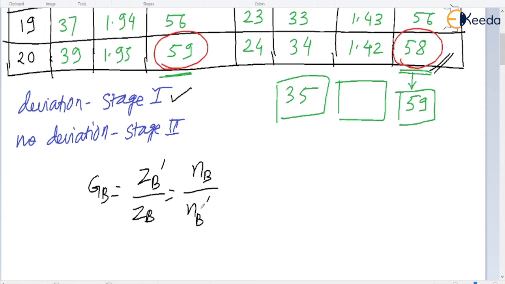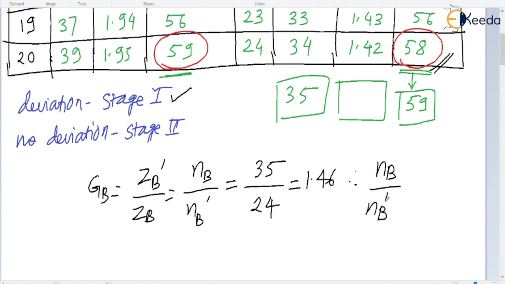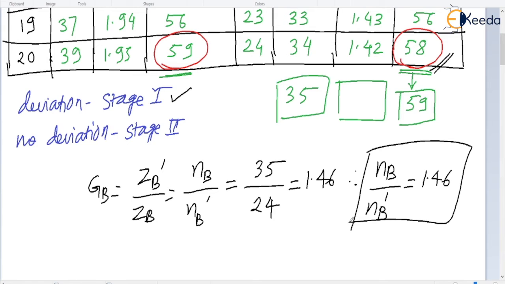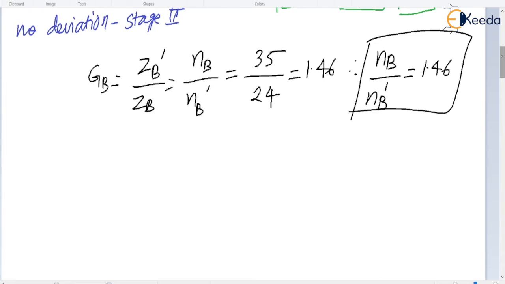The ZB dash value is 35 and the ZB value is 24, so its value will be 1.46. Therefore NB upon NB dash will be 1.46. This is the formula we are going to use. Now after getting the value 1.46, we will calculate the deviation in speeds, theoretical and practical.